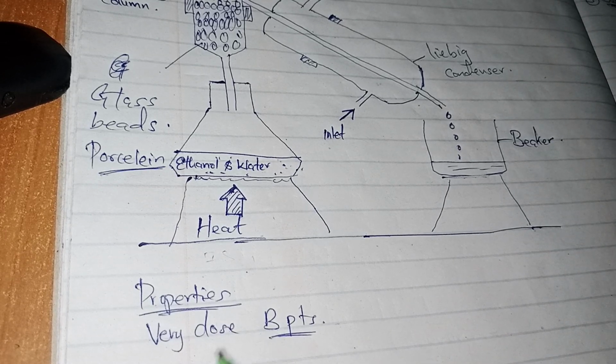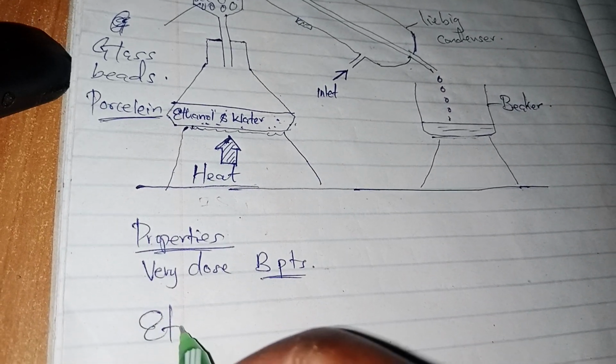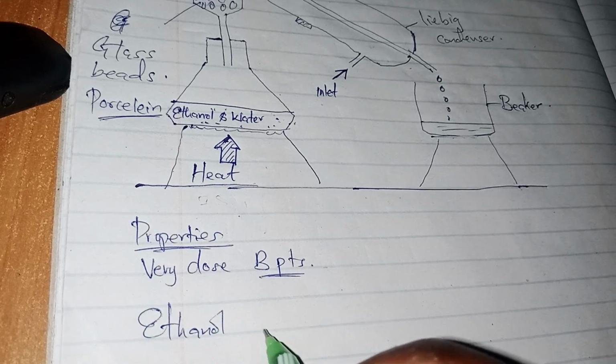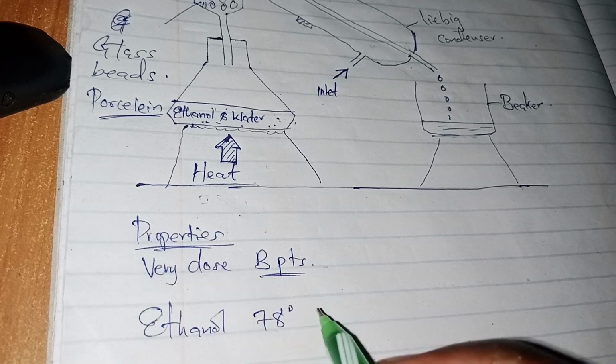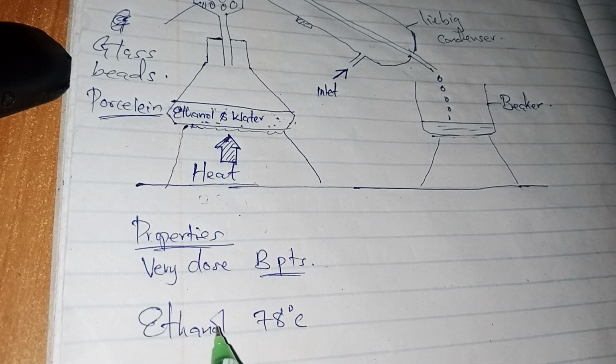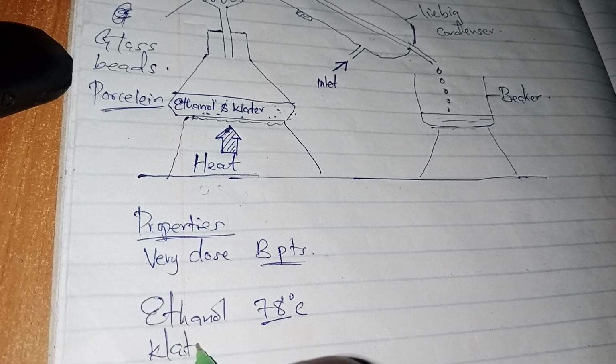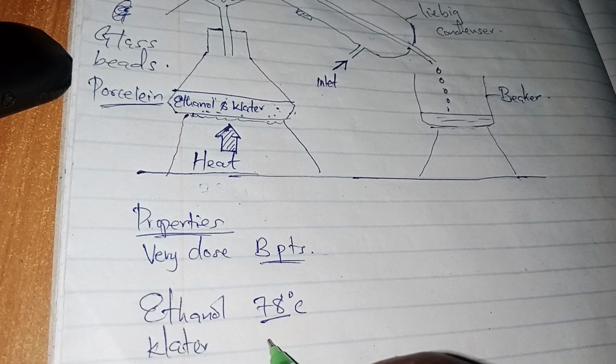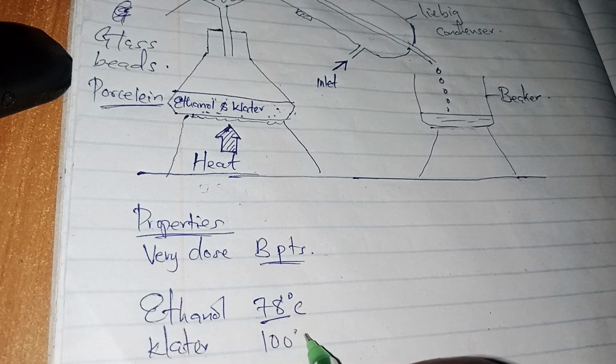For example, ethanol distills at 78 degrees Celsius, or forms a vapor at 78 degrees, while water will form a vapor at 100 degrees Celsius.